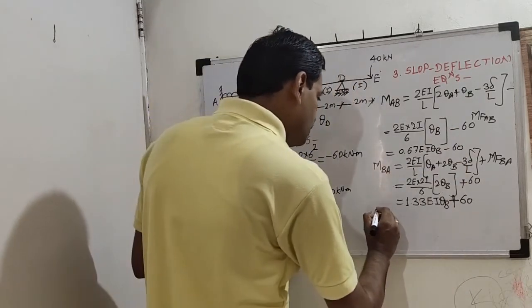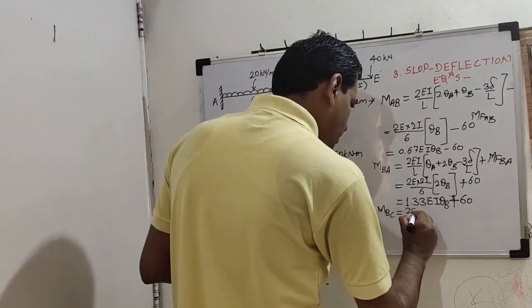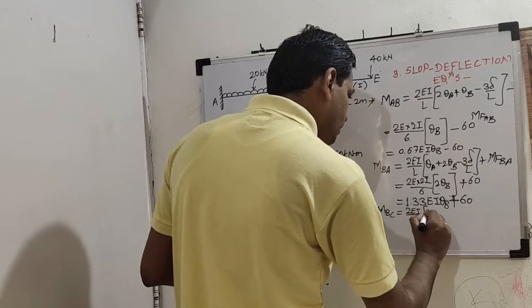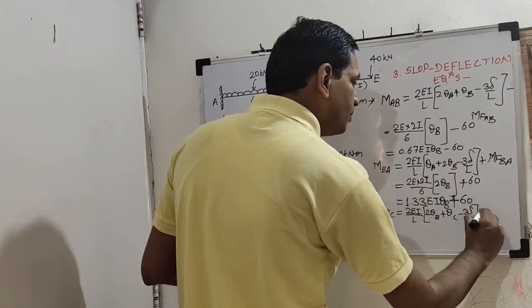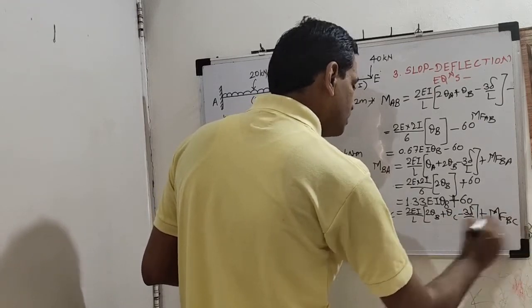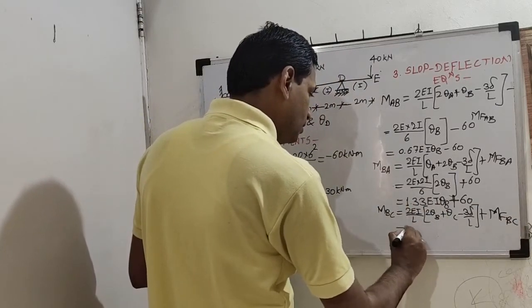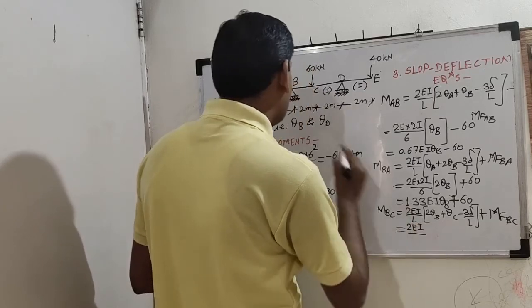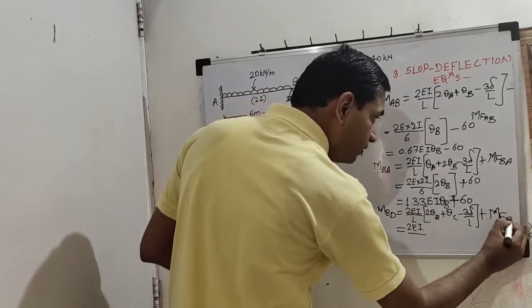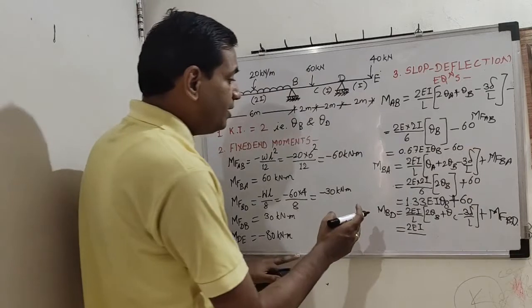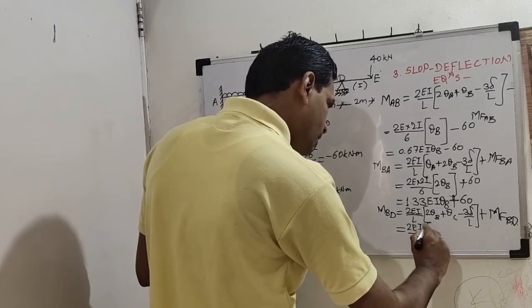Now come to MBC. What is MBC? 2EI by L into bracket 2 theta B plus theta C minus 3 delta by L plus MFBC. Substitute. Here I value is 1I. Okay. So 2EI by L, sorry, this is BD, not BC. Here is also BD. So MBD. L for BD span is 4 into bracket.